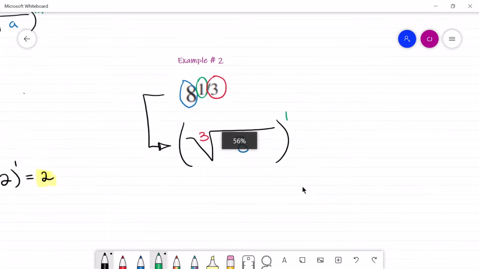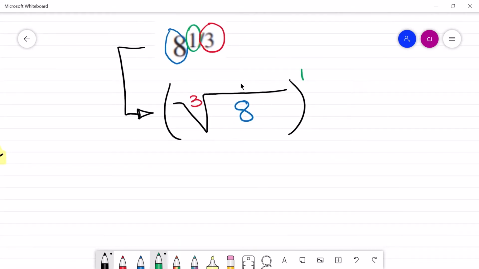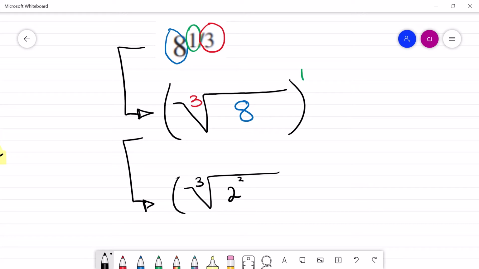Now that I've gotten to this point, I need to figure out how I can rewrite what's inside of my radical so that the power that's inside matches the root. And I know that I can rewrite this as the third root of 2 to the third power, because I know that if I multiply 2 by itself 3 times, I'm going to get 8.